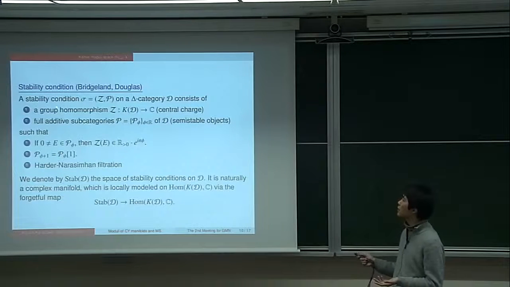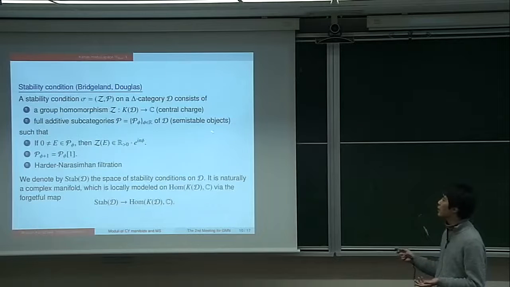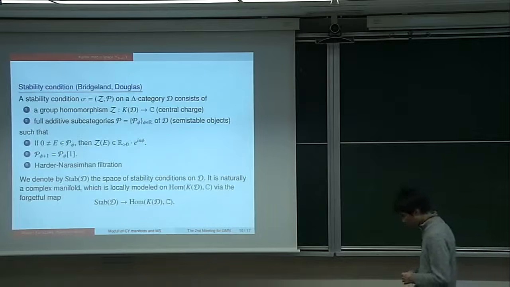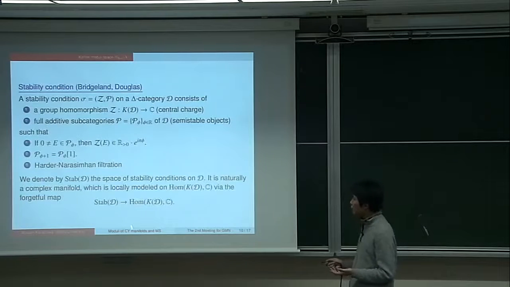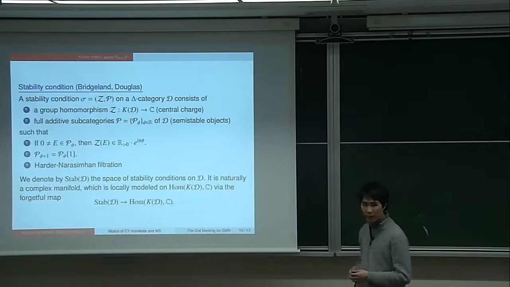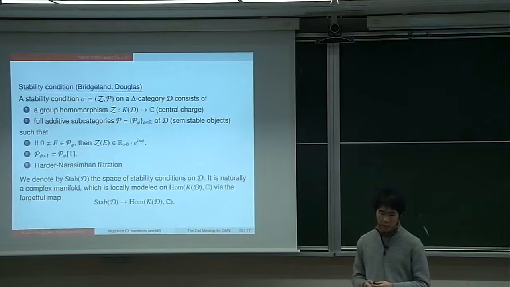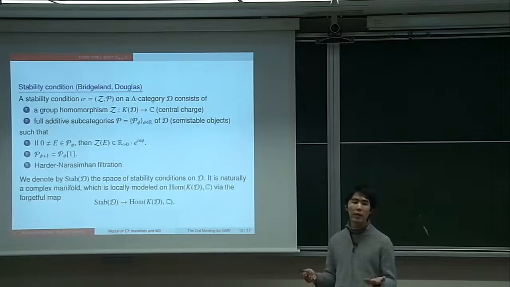So it's a pair, and by forgetting the second part, you get a map. And by this forgetful map, you see that it's really a complex manifold. Okay. So it's just a recipe to construct a complex manifold out of a category.